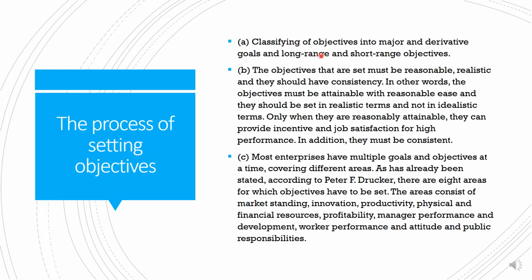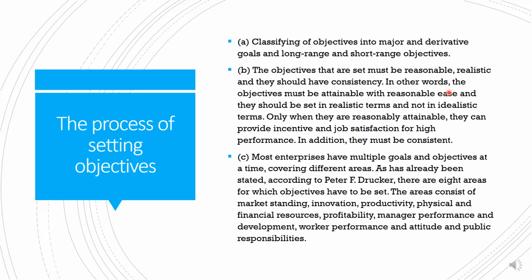So long range can be earning 20% profit, but what is the short range objective? Short range objective is how you would be getting it within that span of time of 6 months to 1 year. Now the objectives that are set must be reasonable, realistic, and they should have consistency. As we have already discussed, they have to be very realistic in nature.